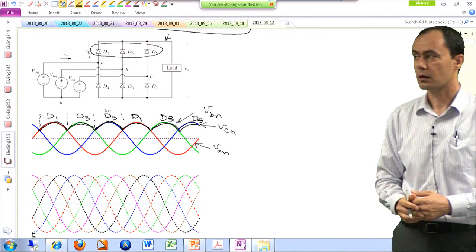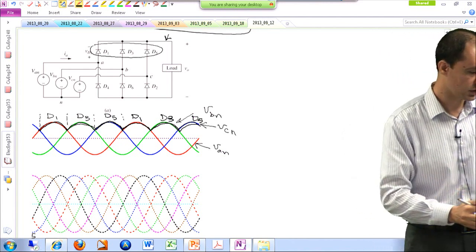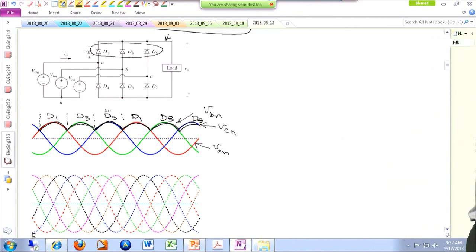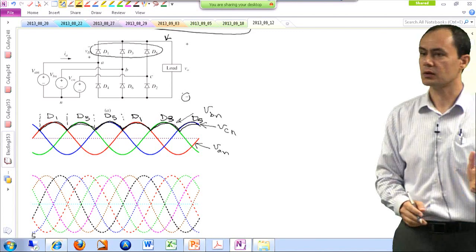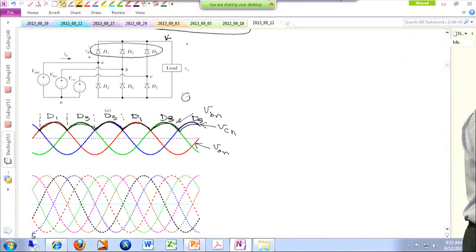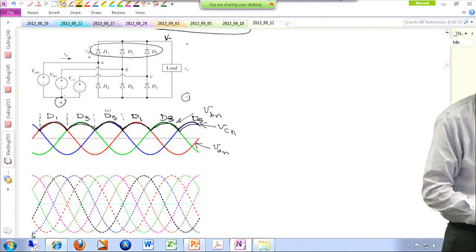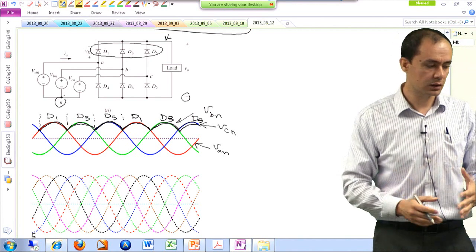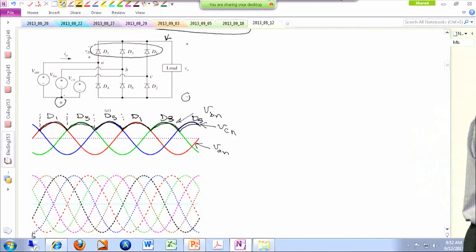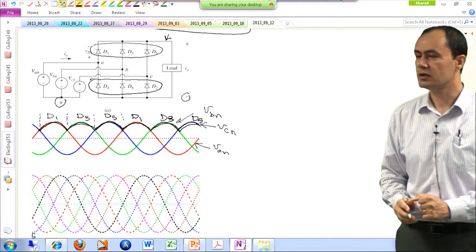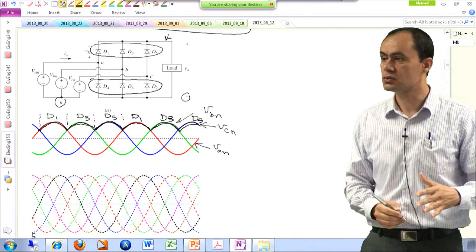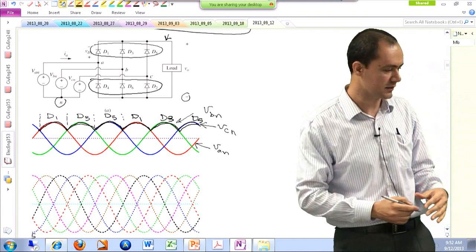Now, what about the voltage of this negative point with respect to the neutral point? The neutral point is here, the neutral point of our three-phase system. Again, we have three diodes that are competing, D2, D4, and D6. Between these three, the winner is whichever is connected to the most negative voltage.